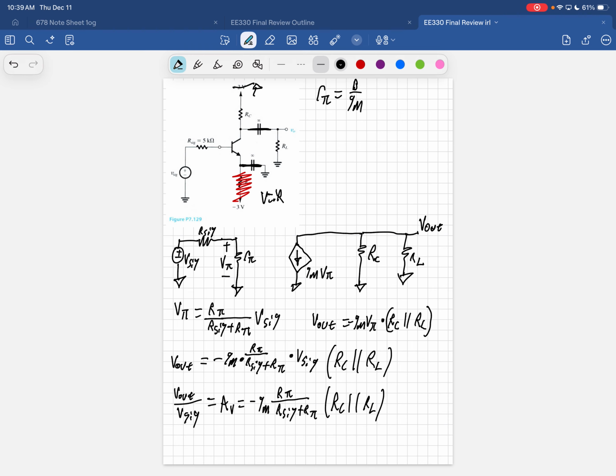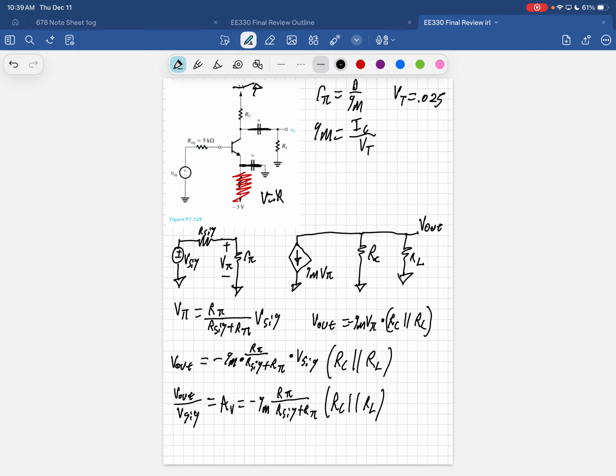Yeah, so the equation for this is pretty simple. GM equals IC divided by VT. Somewhere in your notes you should have VT equals 0.025.